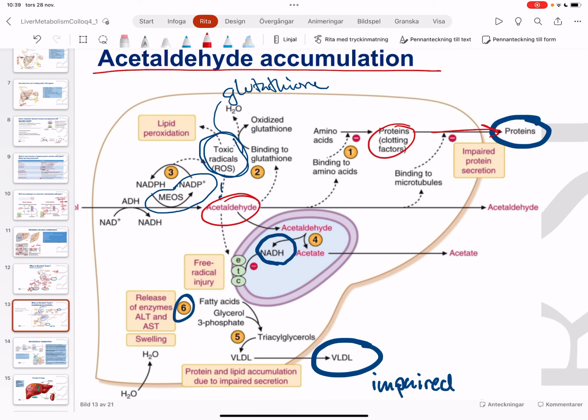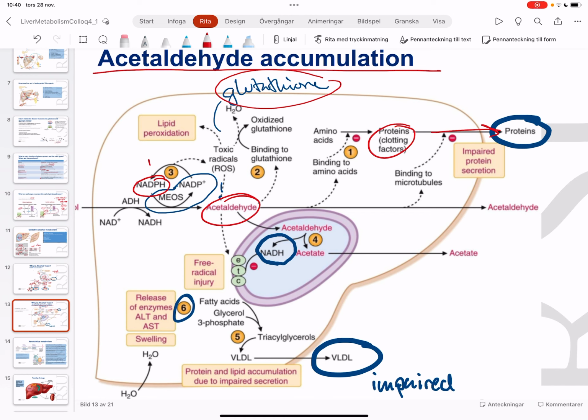Also, if somebody is, for example, an alcoholic, the microsomal alcohol oxidation will happen at a much higher rate, meaning that the NADPH stores will be depleted. And that means that the reactive oxygen species will not be able to be neutralized. And in that case, we will have another antioxidant that will be depleted, which is glutathione, because glutathione will also donate its electrons to the reactive oxygen species.